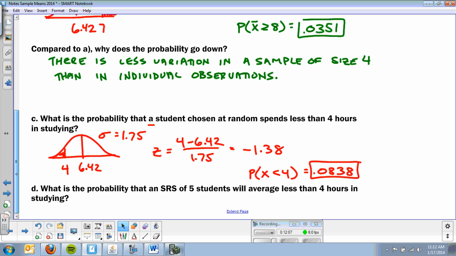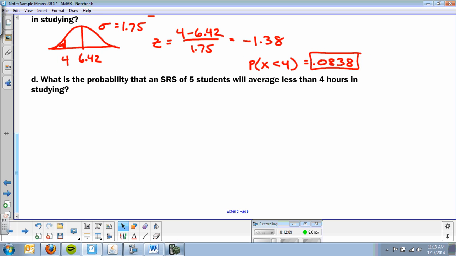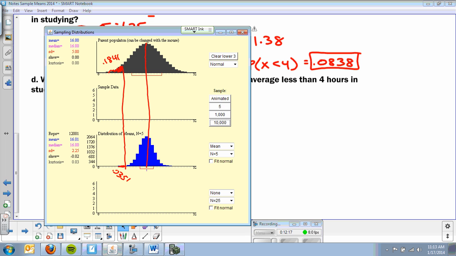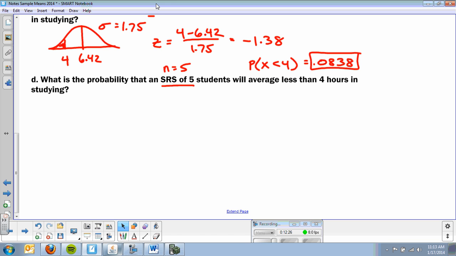And lastly, what is the probability that an SRS of 5 students? Okay, so now I'm introducing a sample. I have n equals 5. There's going to be less variation in a sample of 5 than there will be if I'm picking 1 out of this population. So I have to recalculate my standard deviation, although most of the problem is the same. I have a mean of 6.42.